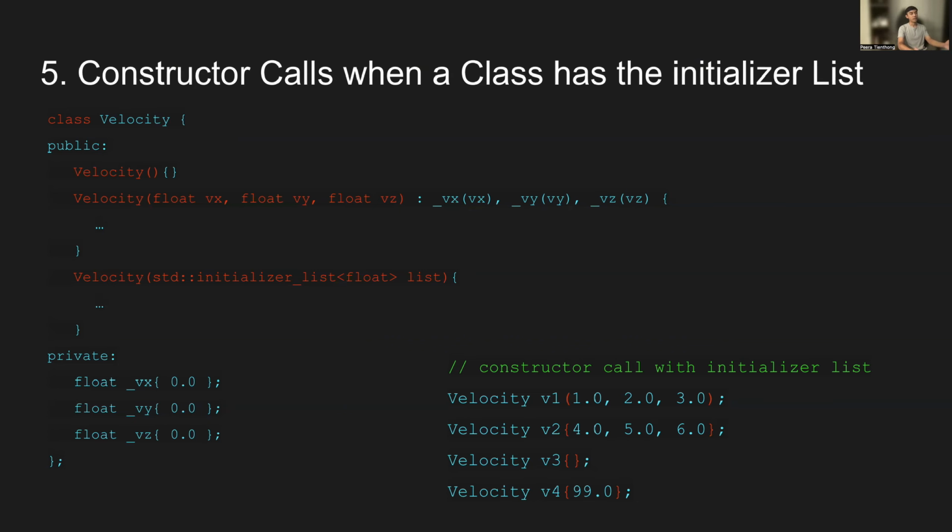You might guess, hey, this is like the previous case, the default constructor, right? But for number 4, you can see this constructor with only one argument. There's nothing here, right? So it might fall into the initializer list.